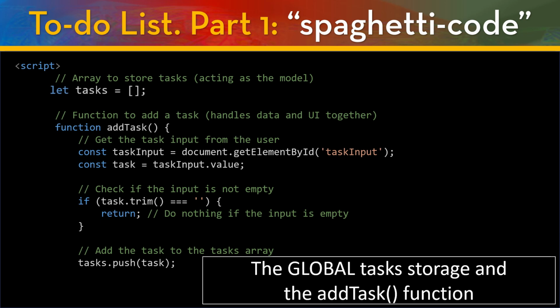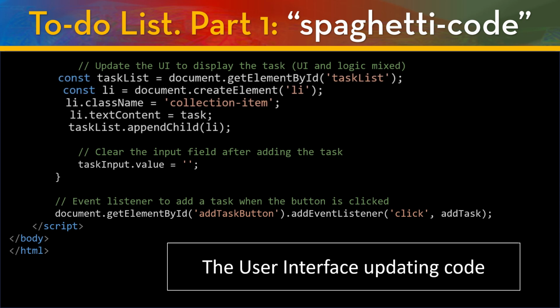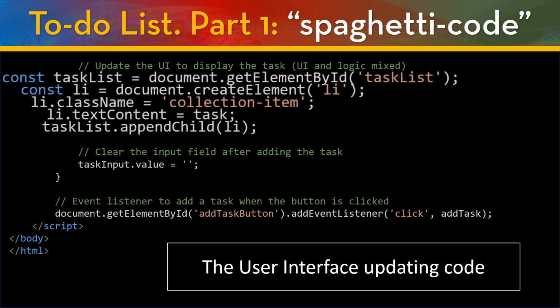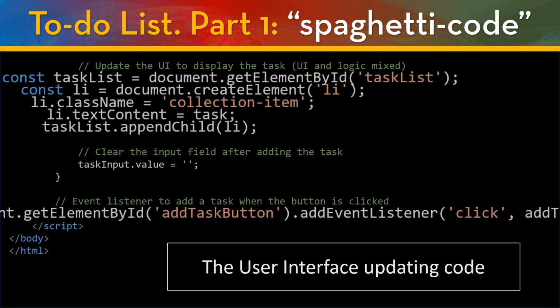We use a tasks array to store data, and an add task function to get the value from the input, perform basic validation, and save a task in the array. Pay attention that the tasks array is globally available, which leads to pollution of the scope. The last part of the add task function updates the list of created tasks and sets up an on-click event handler.